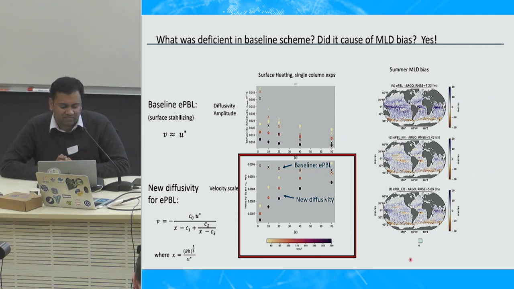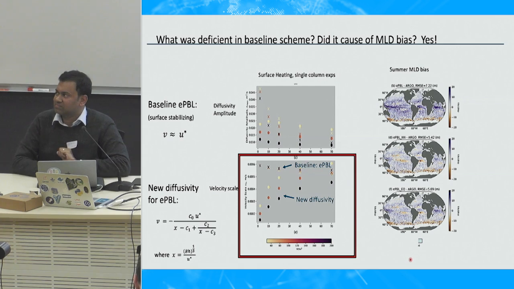I may have a small question here too. So the way you propose to deploy ML here is really targeting a specific aspect of a pre-existing closure where we know that there's a weak point, because I guess the developers of EPBL knew that this was a big approximation, right?